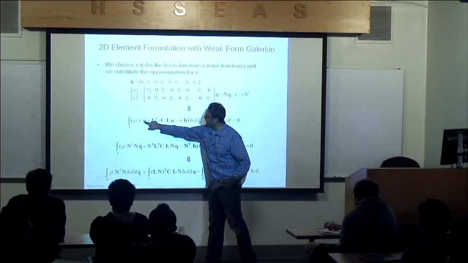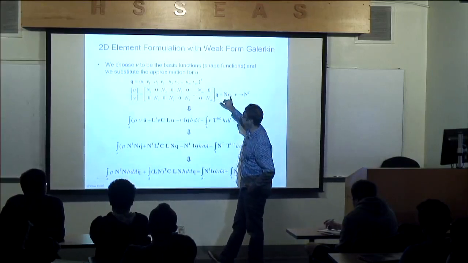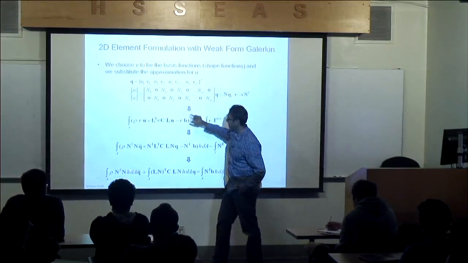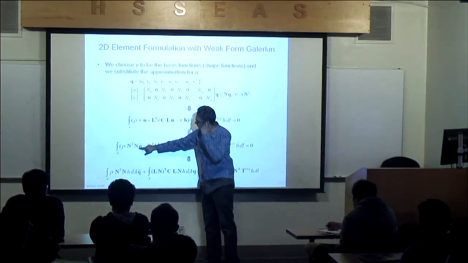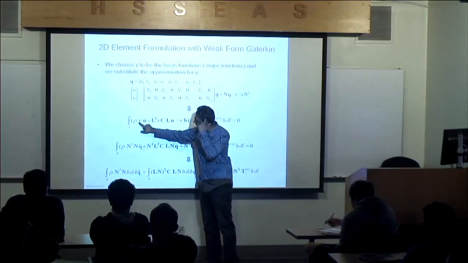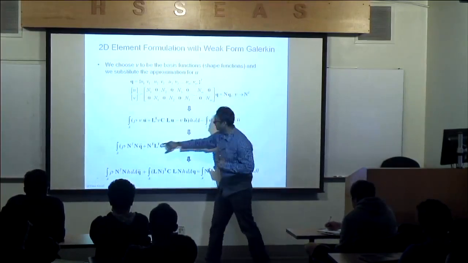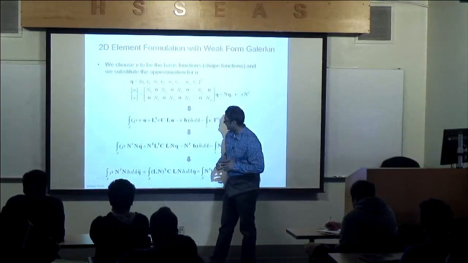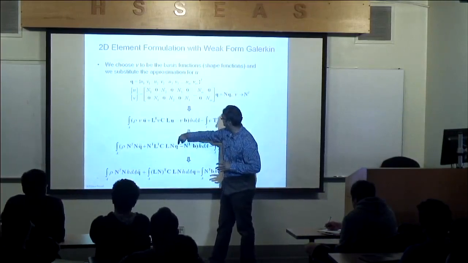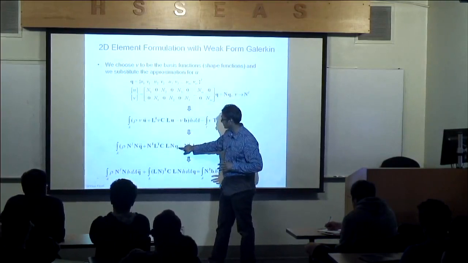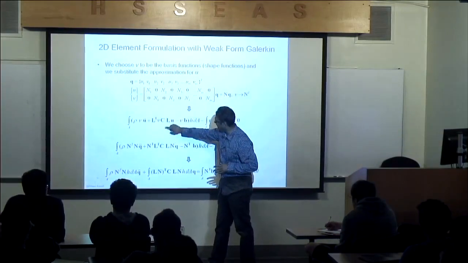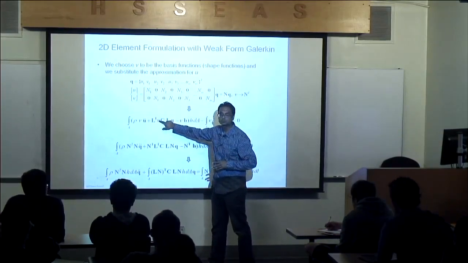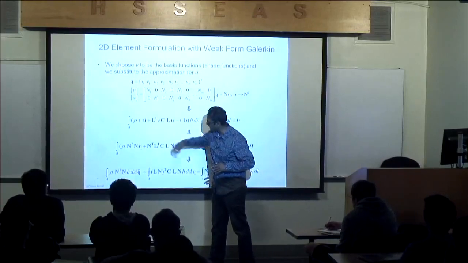For U double dot, I have N bold, Q bold. So that's basically N bold, Q double dot. But then for V, I have N transpose. So that goes there. And then for U, I have N times Q, which is this times that. Okay? And then for V, I'm selecting N transpose. So that's what I have there.